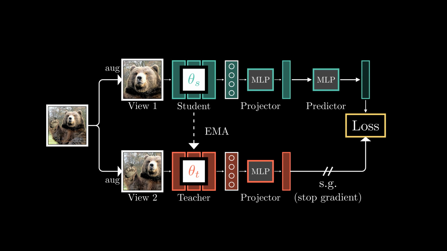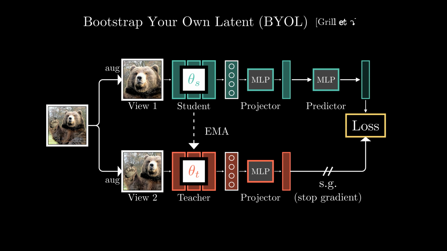Together, the momentum updated teacher, the stop gradient operation, and the asymmetric predictor help prevent collapse. The goal is to prevent both branches from taking the same trivial shortcut simultaneously. This is BYOL. Bootstrap your own latent. Empirically, BYOL's representations do not collapse, even without negative samples or contrastive losses.